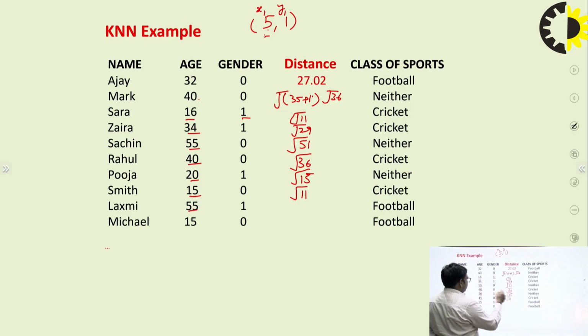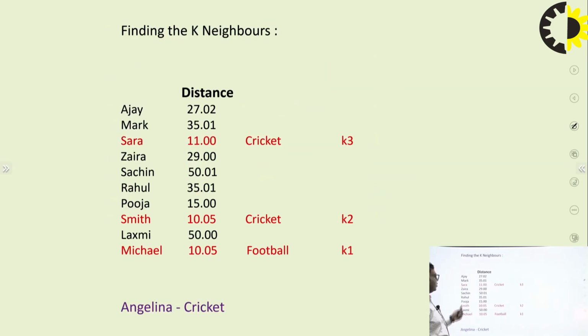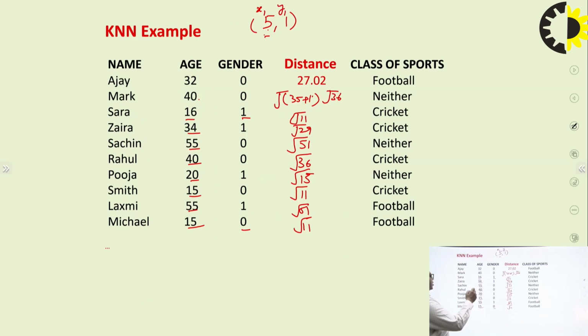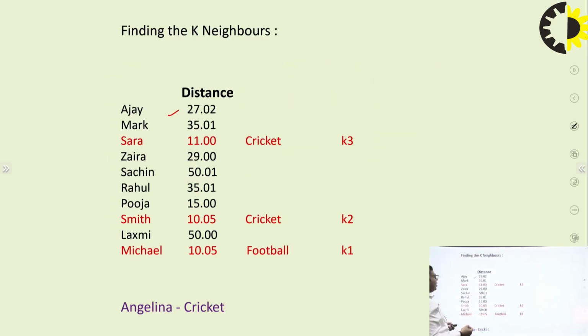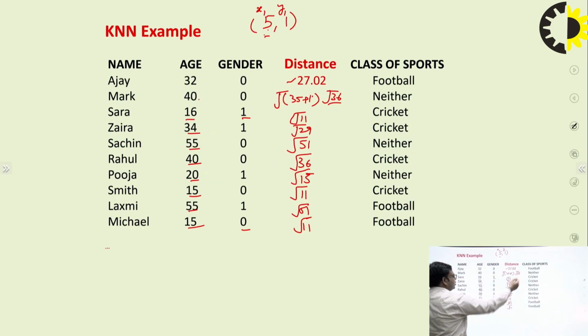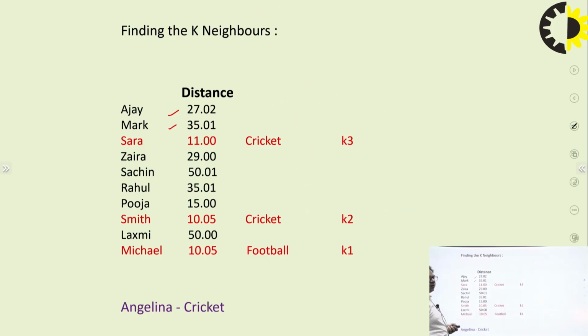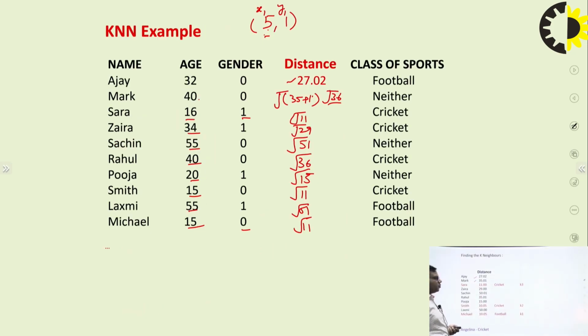In the case of 55, this would be under root 51, and in the case of 15, again it is going to be under root 11. So after the calculation, these are the distances. As we calculated, this is 27.02, and if we talk about mark, under root 36, which can be converted after the under root, the value is 35.01.